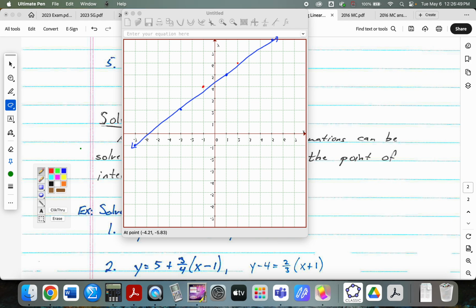This is why I draw it all the way to the edge. 1, 2, 1, 2, 3. That's the one where they cross one another. But they're so close to each other, if you don't plot multiple points, you're likely to go, oh yeah, that's the right one, and it's not. So these cross at, what is it, 5, 8?